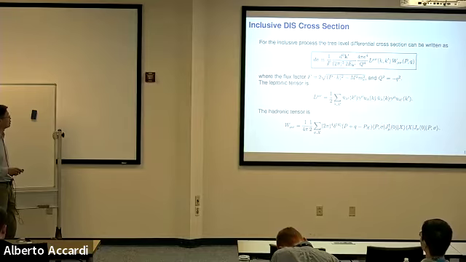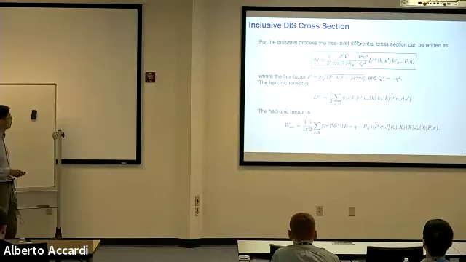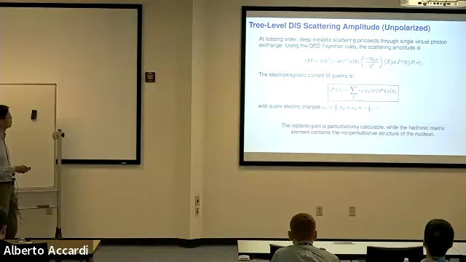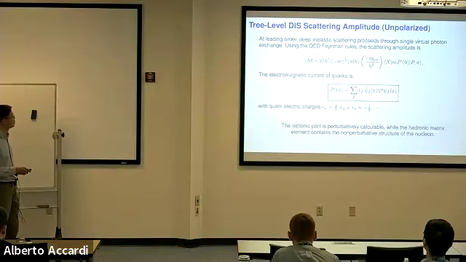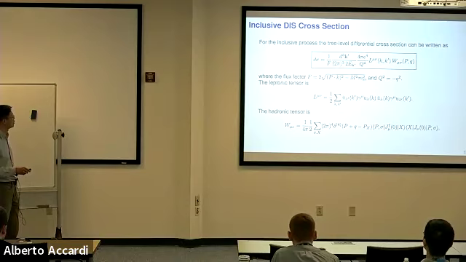Then you group the terms into the leptonic part and hadronic part. The leptonic part is basically the square of this part. When you square, you get Q to the 4th. That's why you have the capital Q to the 4th.